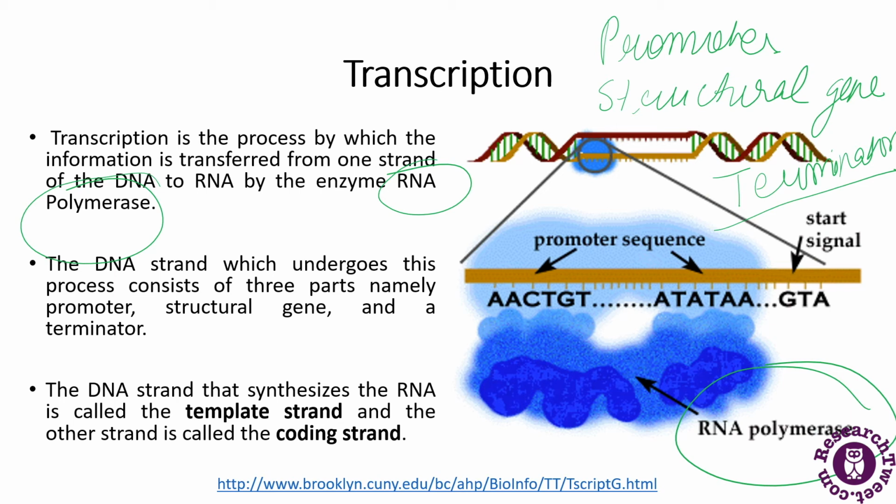The DNA strand that synthesizes the RNA is called the template strand, and the other one is called the coding strand. The DNA-dependent RNA polymerase binds to the promoter and catalyzes the polymerization in the 3' to 5' direction.